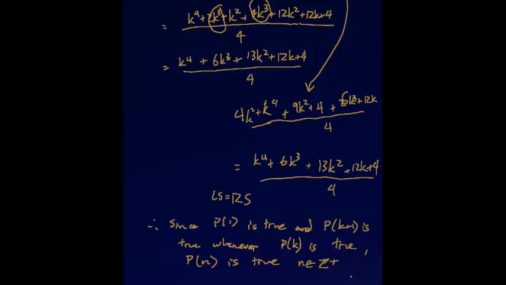So this is a rough overview of how to use induction with algebra. We show that the first term is true, we assume that this formula is true, and with that assumption we show that the next term has to be true. Therefore, since the first term is true, the second term has to be true, and so on, everything is true.